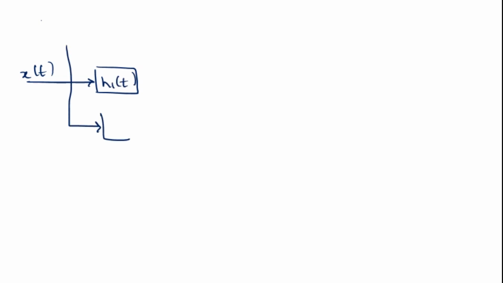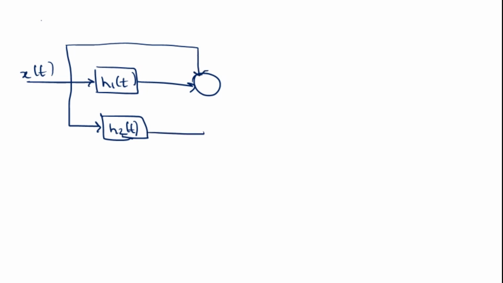Next problem. x of t is the input, h1 of t, it is h2 of t, both are combined, h2 of t, this is positive, this is negative, this is positive.